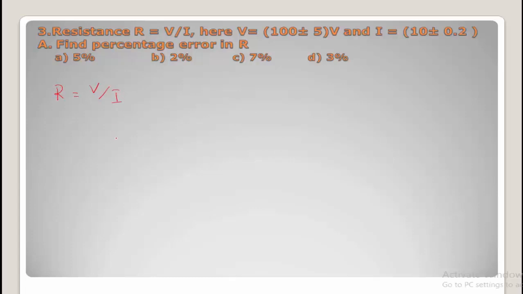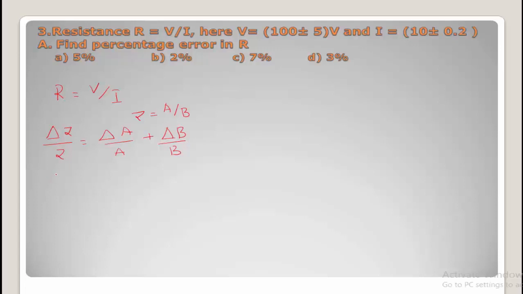So remember, if a physical quantity is given in terms of product or ratio, then you have to apply the formula for percentage error, that is delta Z divided by Z is equals to delta A by A plus delta B by B. Here Z is nothing but ratio of A and B. So you have studied this in the theoretical part in the chapter units and measurements.